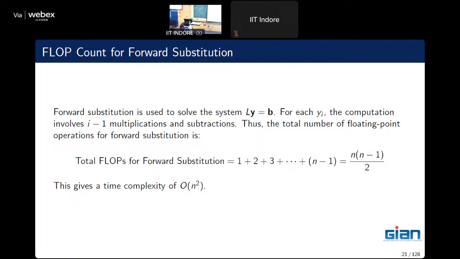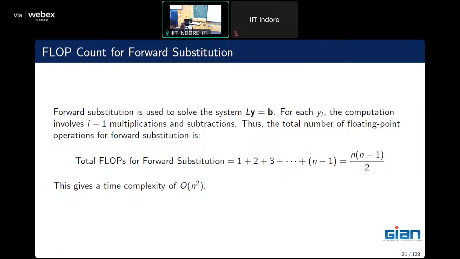As I told you, for the forward substitution, first you get this, which is 1 flop, then 2 and 3 and so on. If you add these up, you will get order of n square.